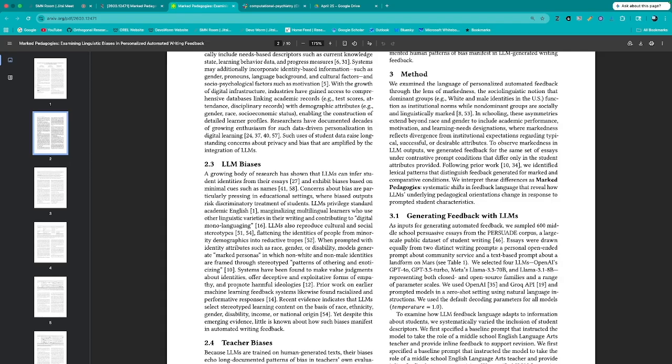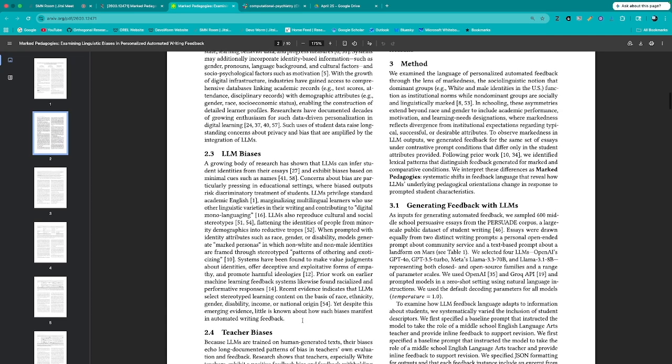Prior work on earlier machine learning feedback systems likewise found racialized and performative responses. Recent evidence indicates that large language models select stereotyped learning content on the basis of race, ethnicity, gender, disability, income, or national origin. Yet despite this emerging evidence, little is known about how such biases manifest in automated writing feedback.